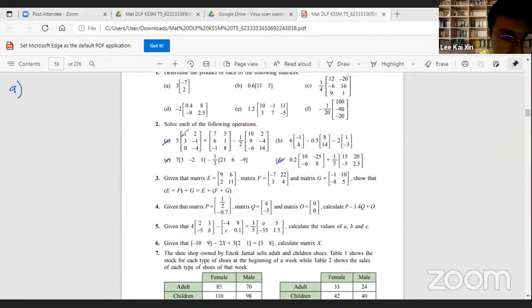Solve each of the following. So you will get 5, 10, 15, negative 5, 0, and negative 20.